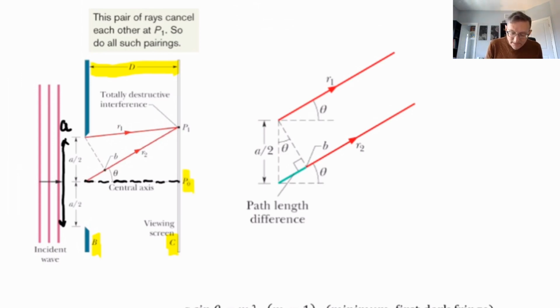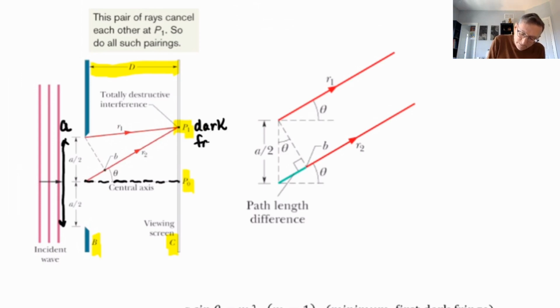All right, and then they've picked another point, P1, and they want that point specifically to be the first point on the viewing screen where fully destructive interference is observed, i.e. a dark fringe.